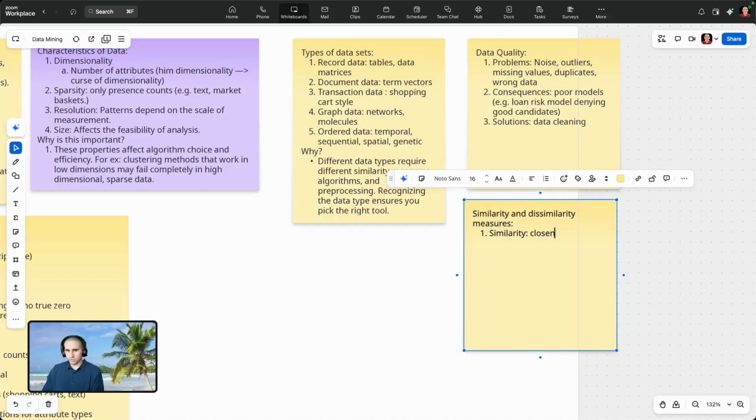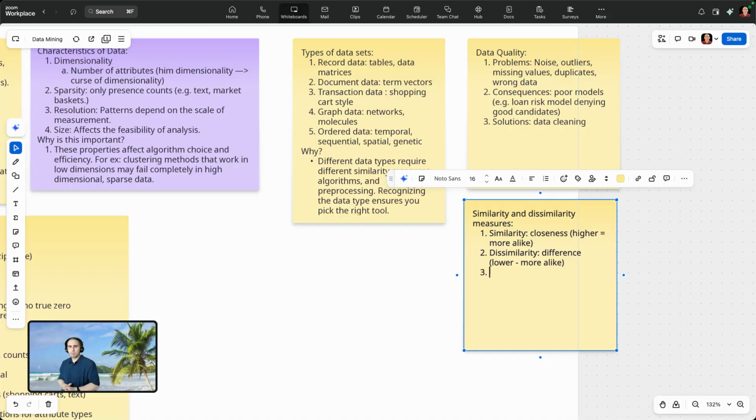Similarity is the closeness, so higher means more alike. Dissimilarity is difference, so lower means more alike.